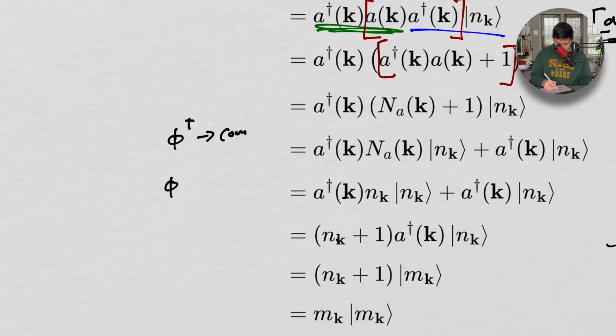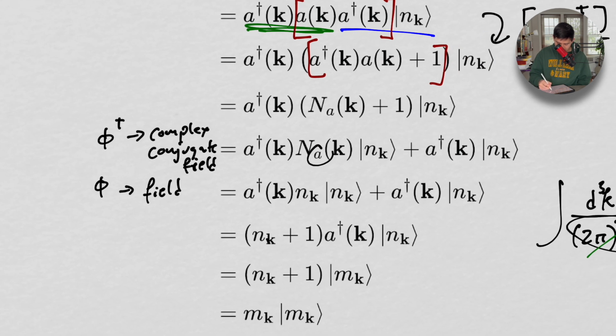So complex conjugate field, and this is the field itself. So field, field. And of type A, well, that is for this field right here. So type A is this field right here.